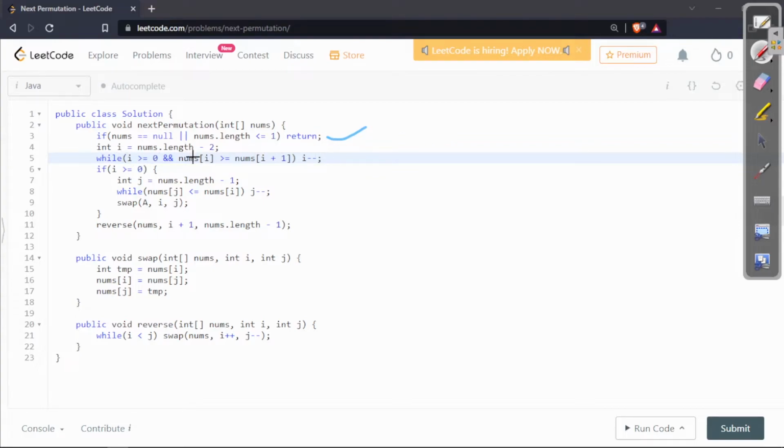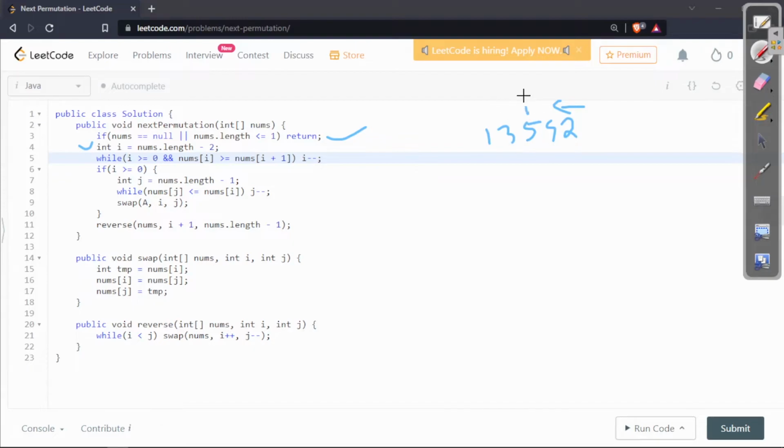Now we are having one I. What we will do is 1 3 5 4 2. So what we will essentially be doing is traversing the array from the back, and finding any possible index where the element at I is less than the element at I plus 1.